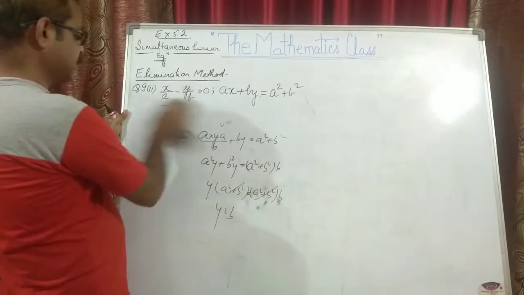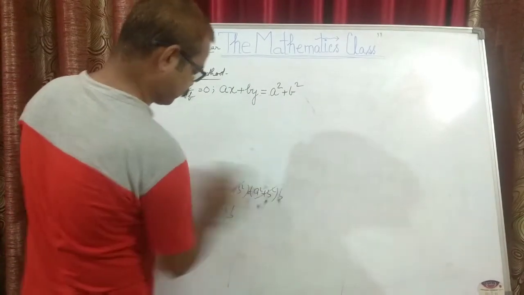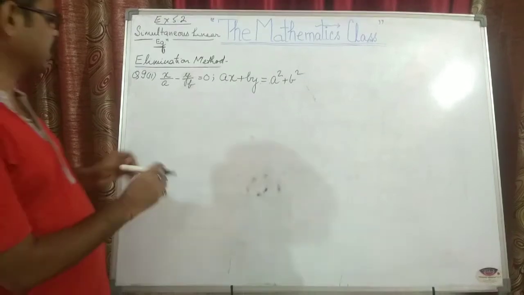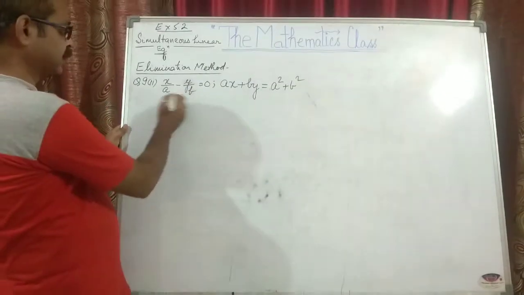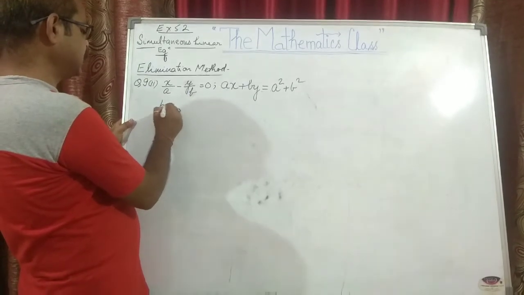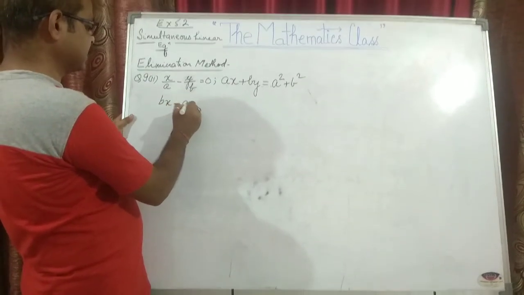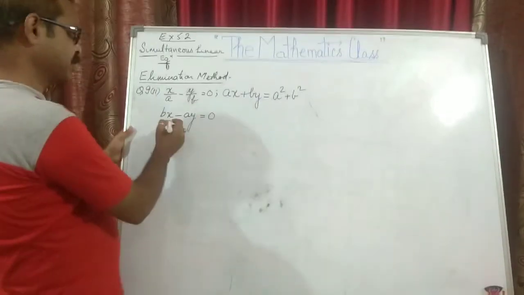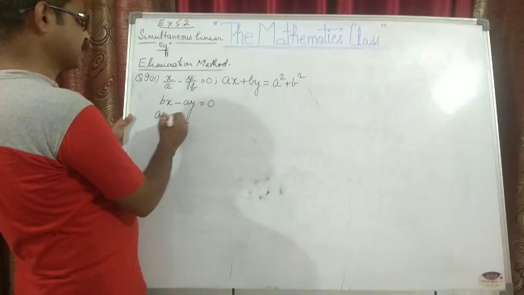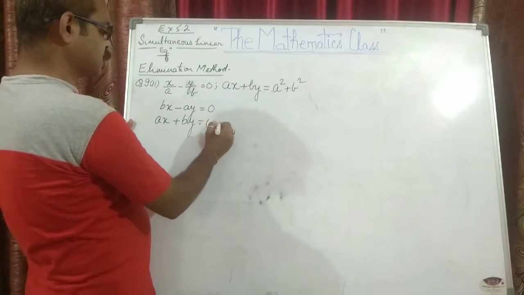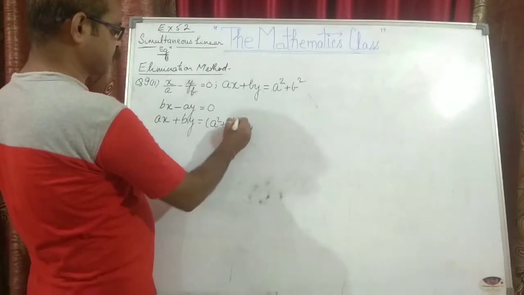So let's see what we are going to do. This was what we solved by substitution method. Now in this you can say that if you take LCM as a and b, this will be bx minus ay is equal to 0. And second equation is ax plus by is equal to a square plus b square.